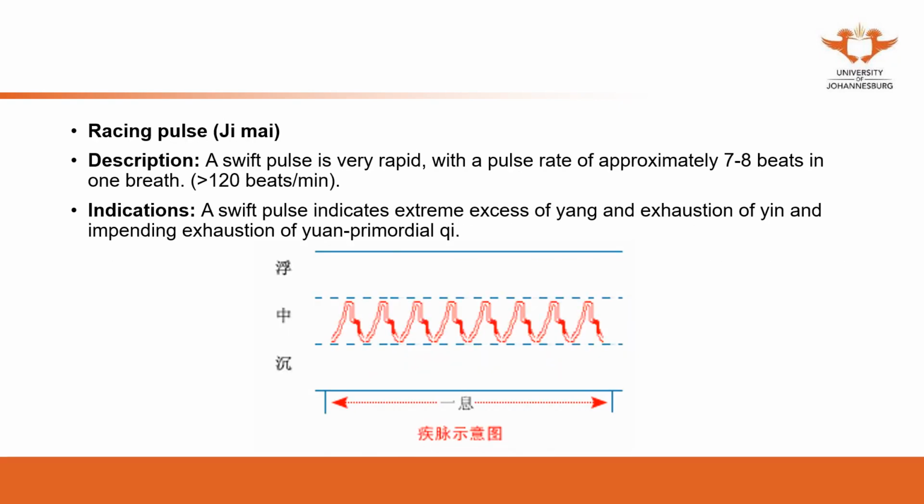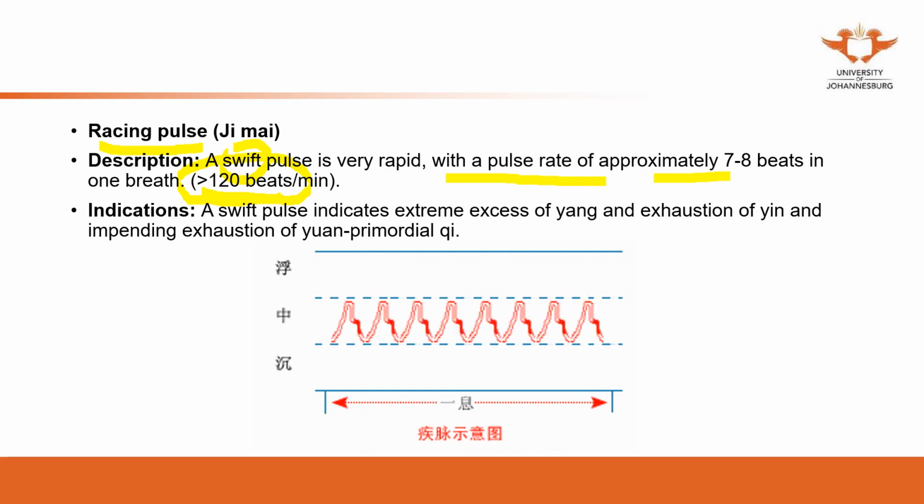Racing pulse, a swift pulse, is very rapid. So here they use another word, same as a racing pulse, with the pulse rate approximately 7 to 8 beats in one breath. As we know, the pulse rate is actually the rate of the heartbeat. So in this situation, the patient will present more than 120 beats per minute.